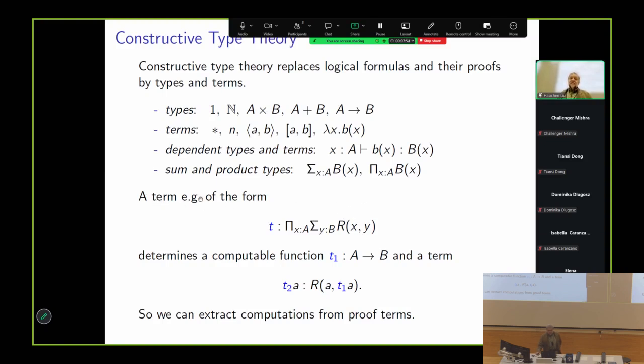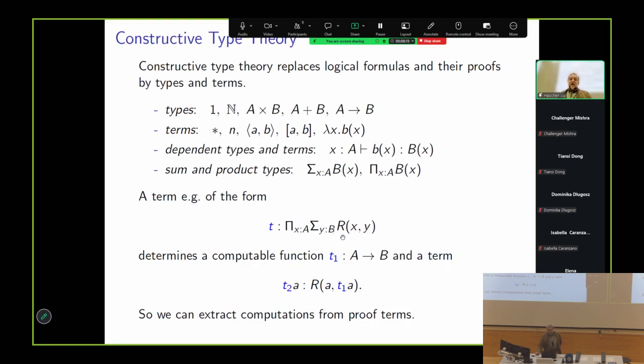So for example, if I have a term of this compound type, where this is some relation between x and y, and then the compound type says pi of x, sigma of y, rxy, such a term determines a computable function from the a's to the b's. And it determines it as follows.